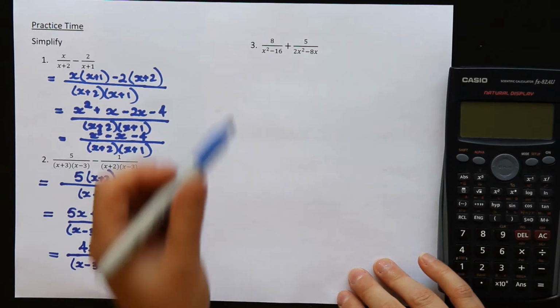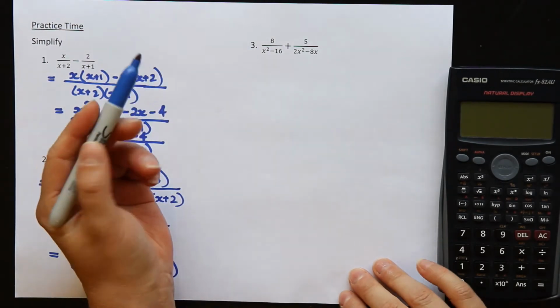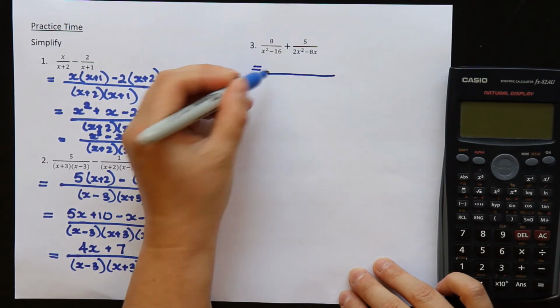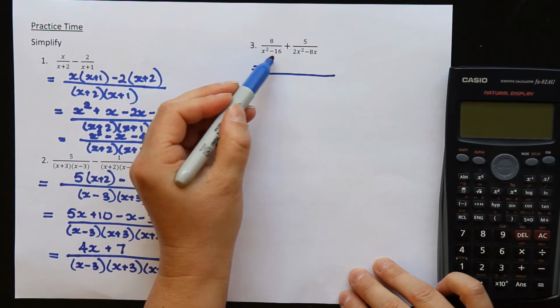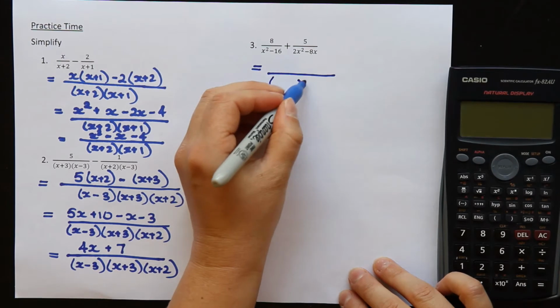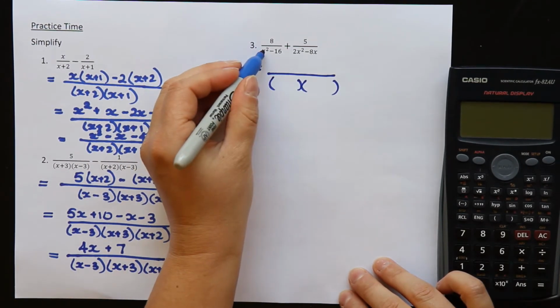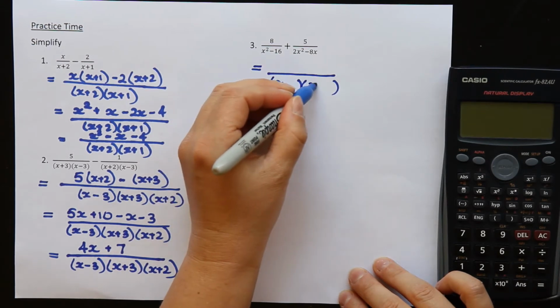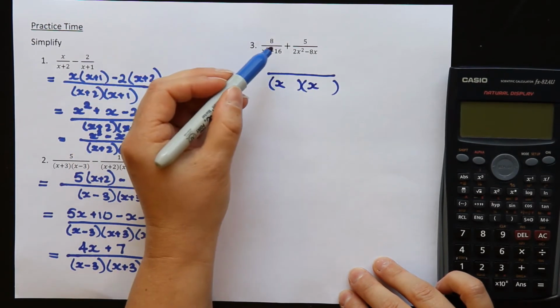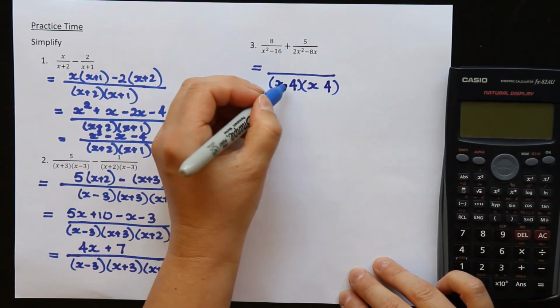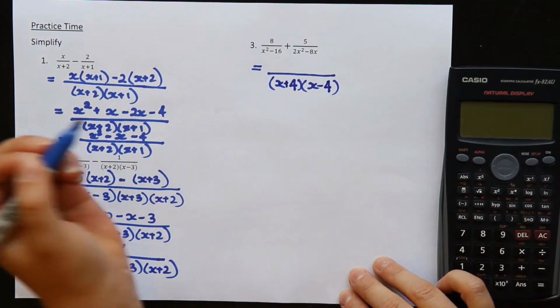Okay, last question. We need to factorize here. So this first fraction on the denominator, this is a difference of 2 squares. So we have two sets of brackets. I square root x squared and get x. That goes in the front of both brackets. The square root of 16 is 4, which goes at the end of both brackets. One will be a positive, one will be a negative.